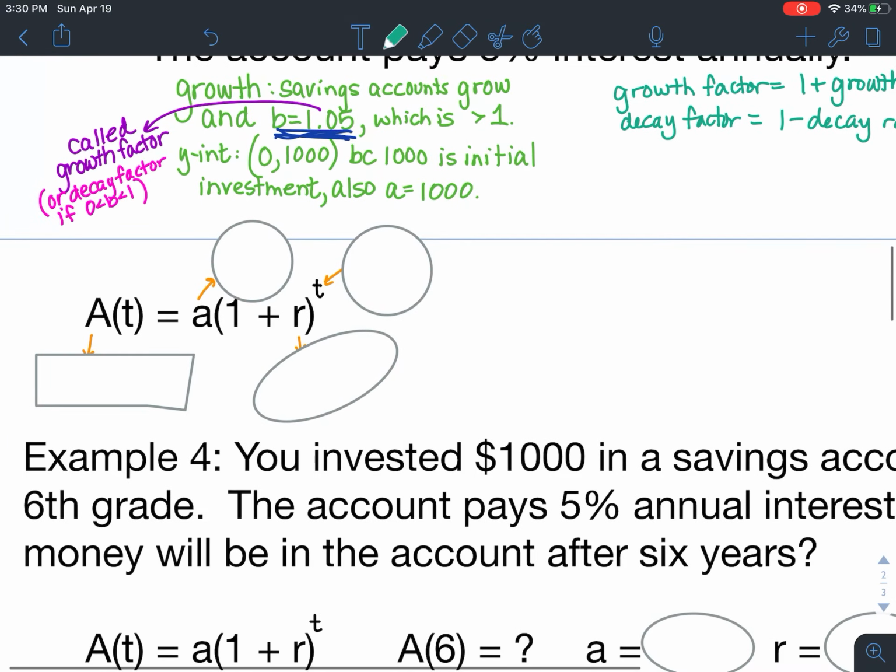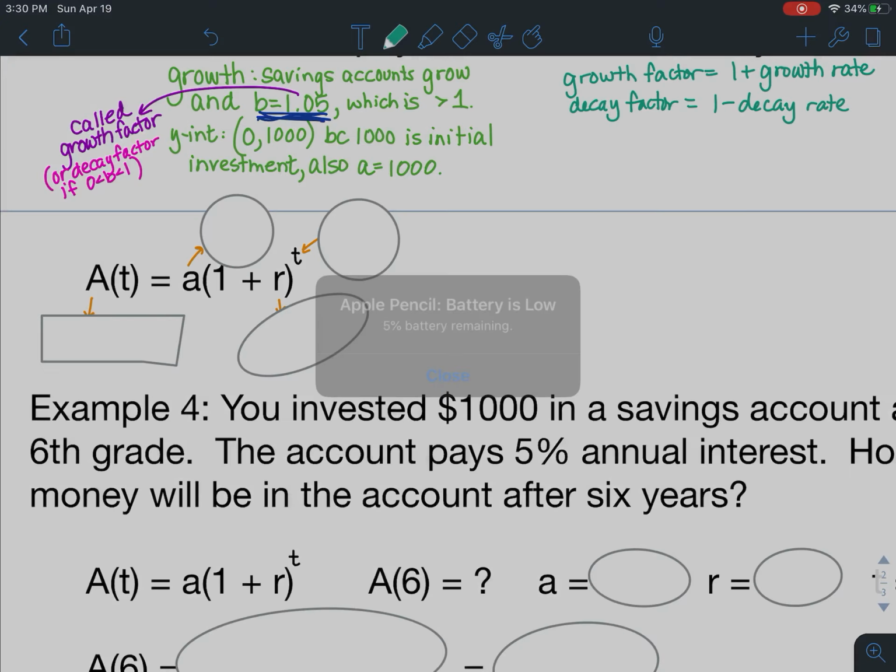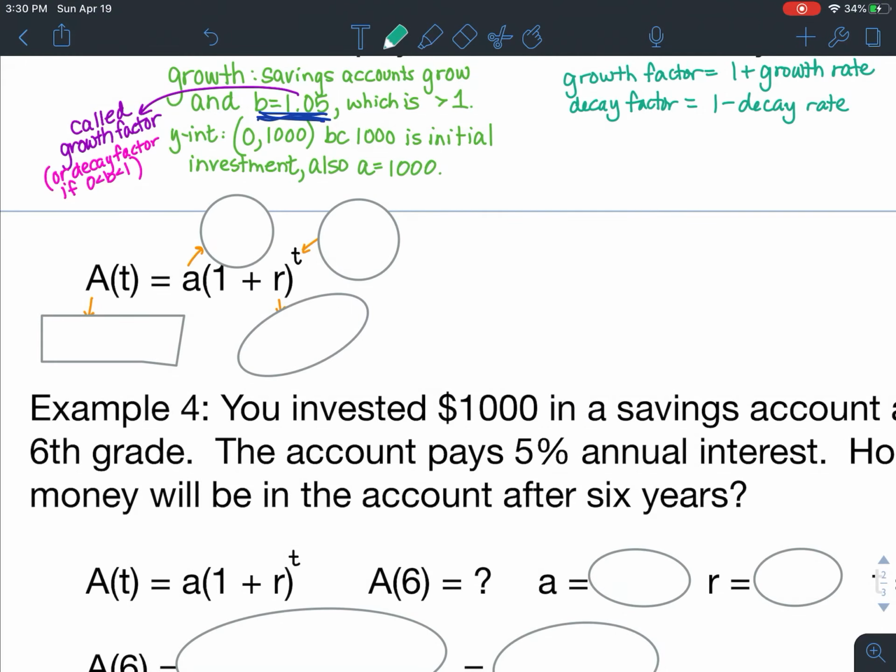Okay, we're going to talk a little bit more about interest here. So here we have a simple interest equation. So this is A(t) equals little a, they have different meanings, times (1 plus r) to the t. And let's write down what all of these things mean here. So capital A is the amount after some number of time periods.